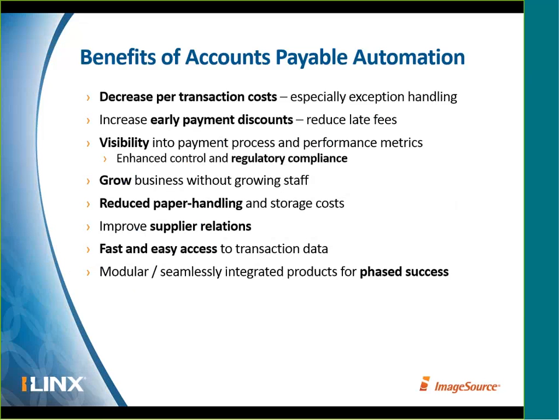So by automating the payables process, you can decrease your per transaction costs, especially for the roughly 10% or so of exceptions that can account for over half of your AP processing costs. You can cut processing times to grab more early pay discounts and reduce or eliminate late fees.